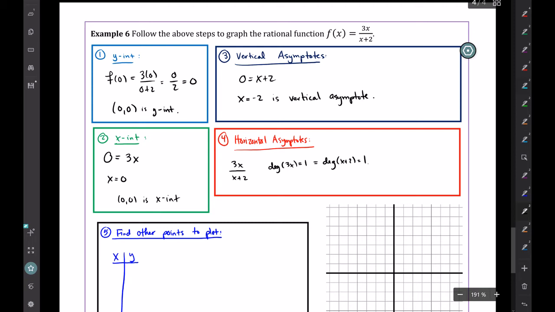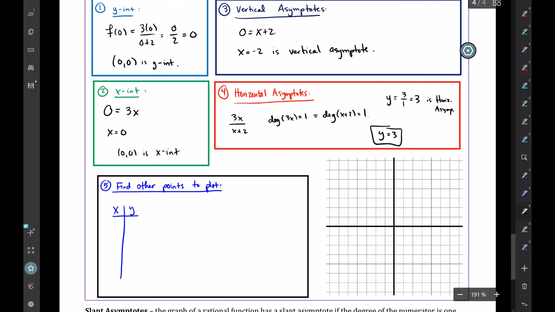So in this case you want to take the ratio of the leading coefficients. So the line y equals 3 over 1, or y equals 3, is our horizontal asymptote.